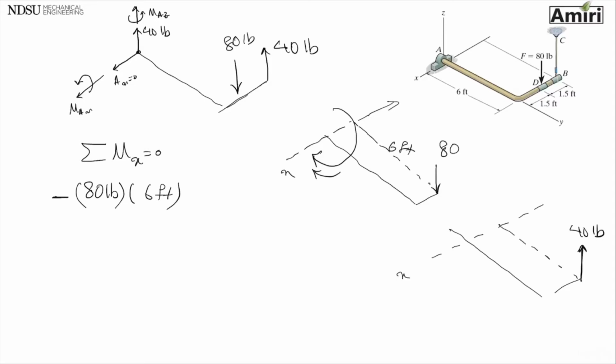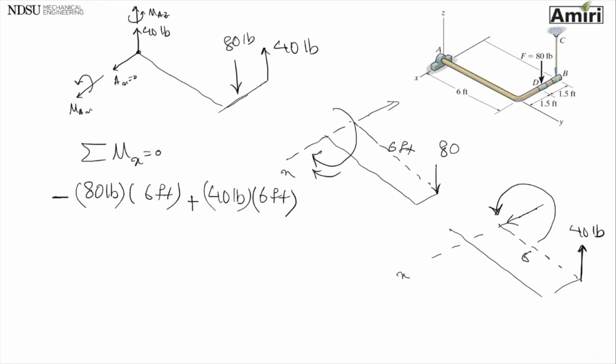So this FBC is acting at a distance of 6 feet, and is trying to rotate this whole thing this way, isn't it? If I curl my fingers that way, the direction of the moment it is creating is towards positive x. So all I have to do is 40 pounds by a distance of 6 feet.